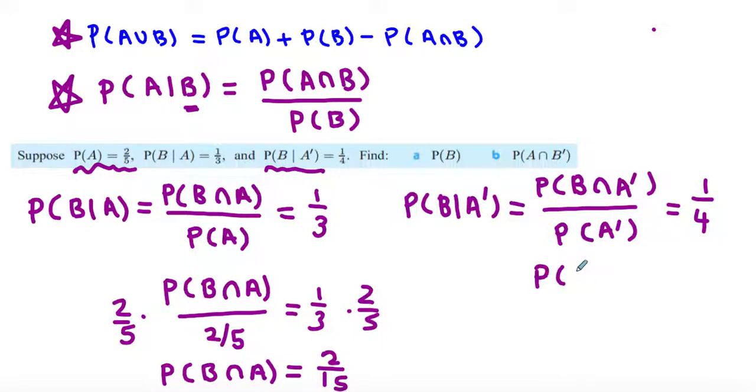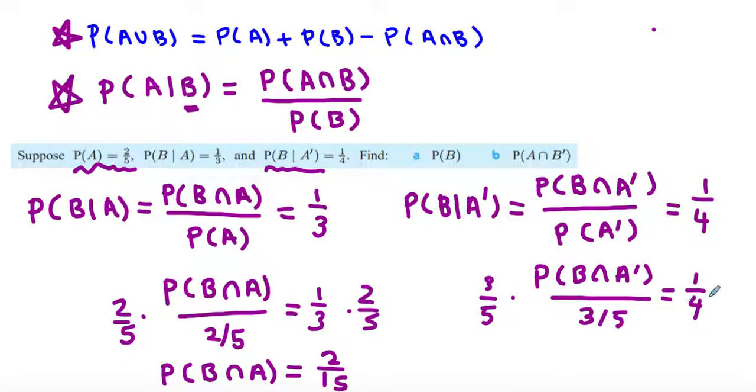So we have probability of B and A not over 3 out of 5 is equal to 1 out of 4. Multiplying again 3 out of 5 on both sides, you are left with probability of B and A not is equal to 3 out of 20.